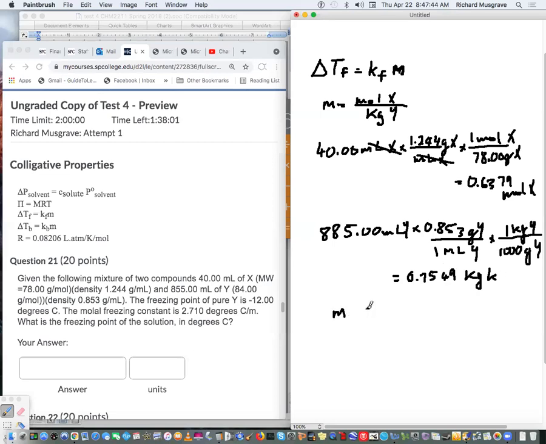So the molality here, just substituting those values in, is going to be 0.6379 moles divided by 0.7549 kilograms. And I get 0.845.